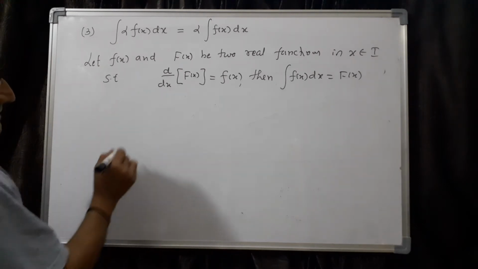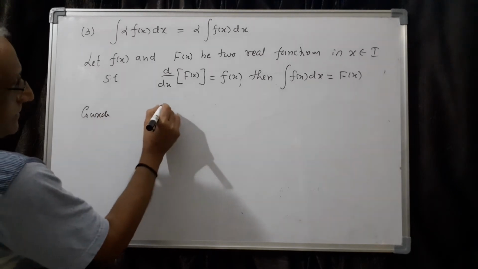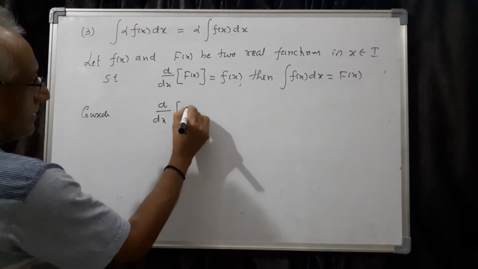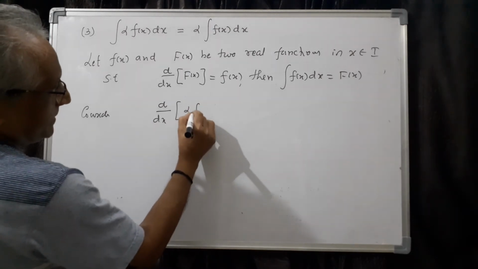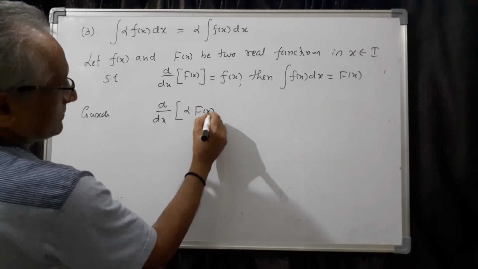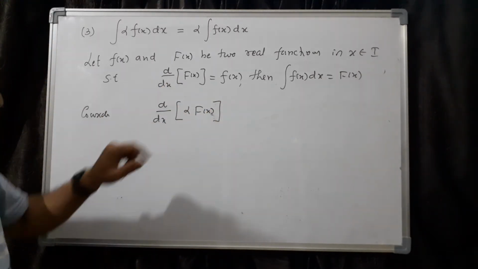Now consider this. Consider d by dx of alpha times capital F of x. Instead of this, we are taking alpha times.